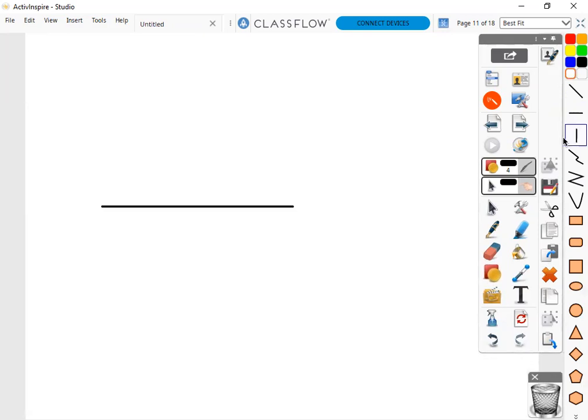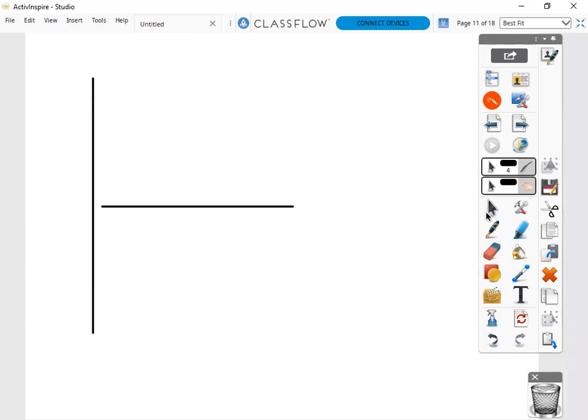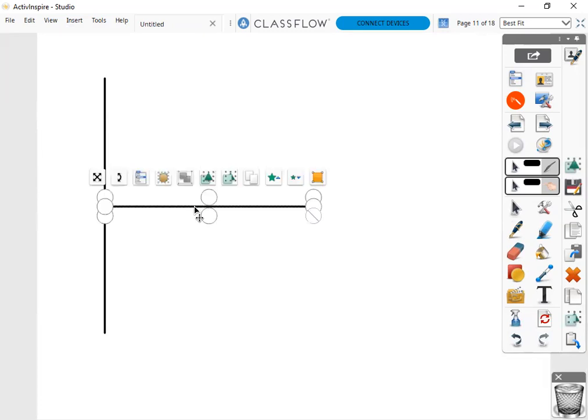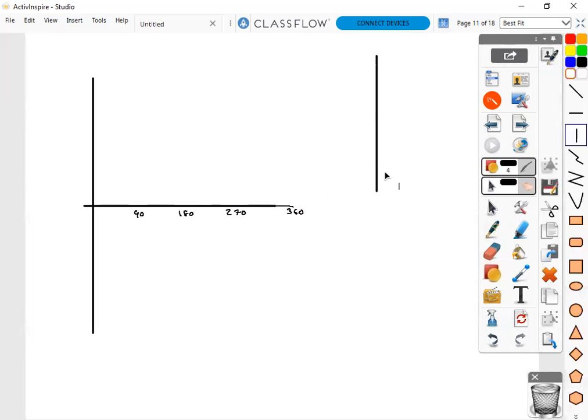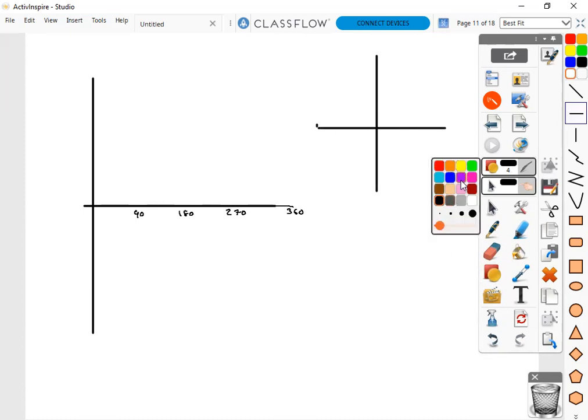But what you do need to know for tan graphs, and I'll show you what they look like: 90, 180, 270, 360. Okay. Tan graphs play a part in this cast as well.